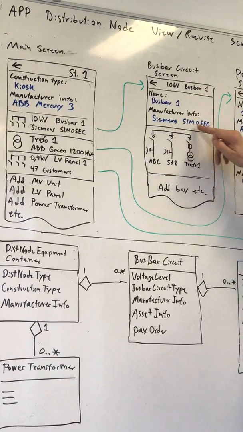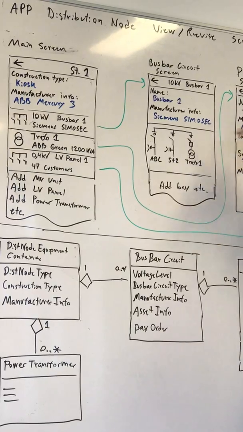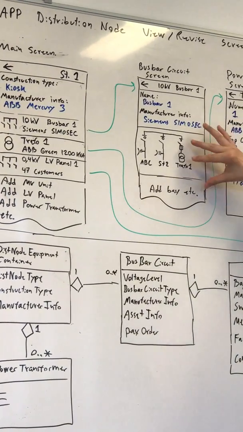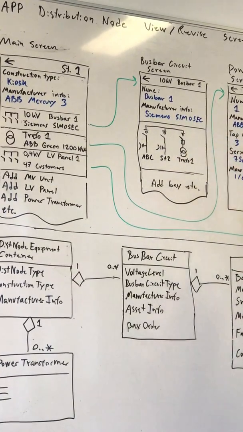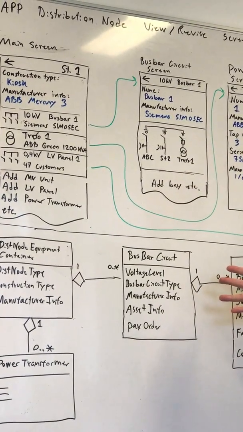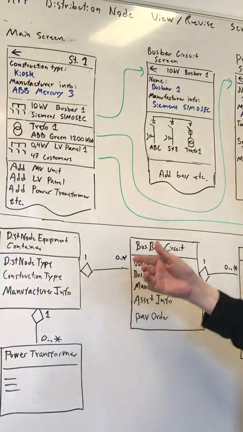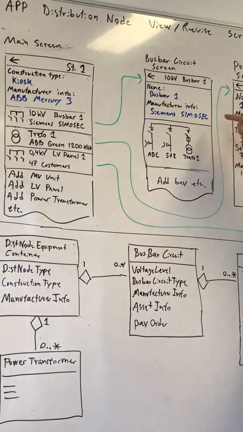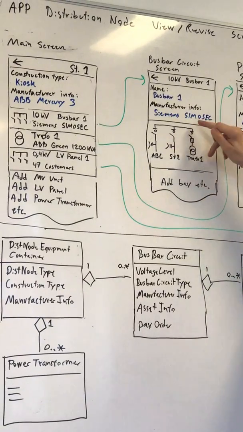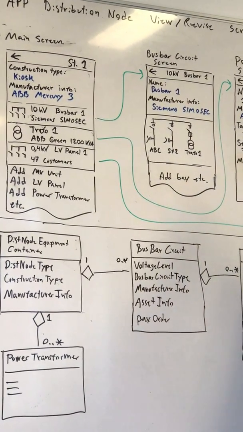And here you can see the manufacturer information. Then he can, of course, revise this information. If he came to a substation and it was not registered in the system what this was, then it will say unknown here. Then he can click and say, okay, this is actually a Siemens CMOS switchgear unit.